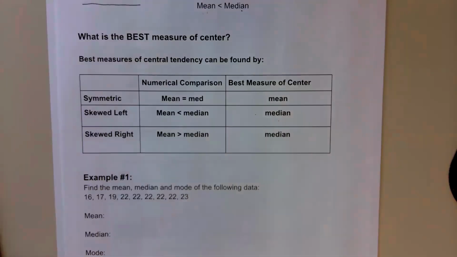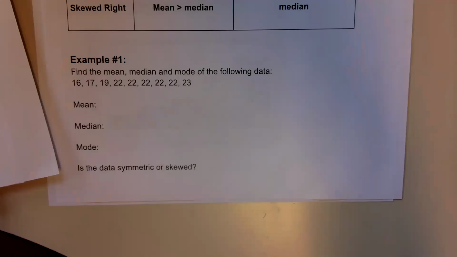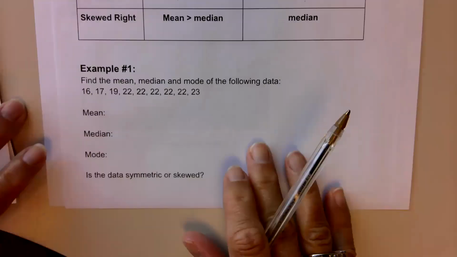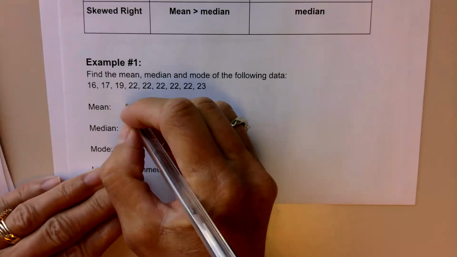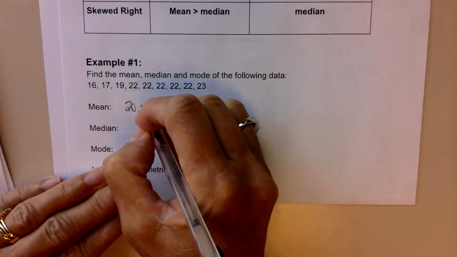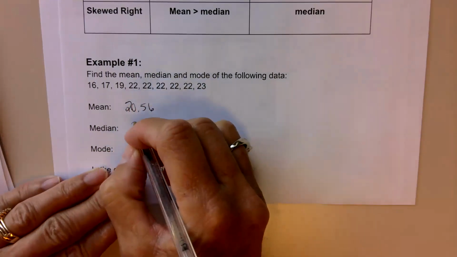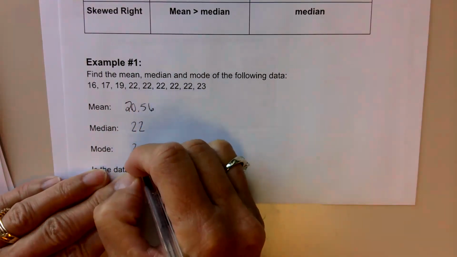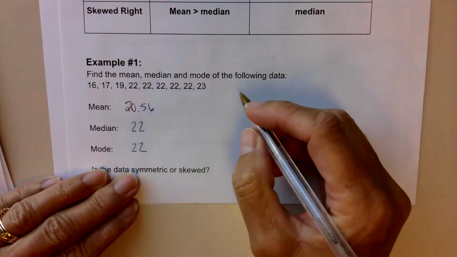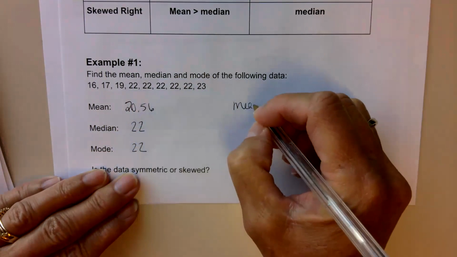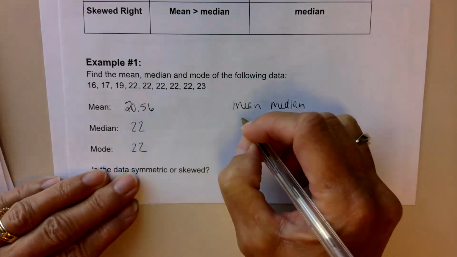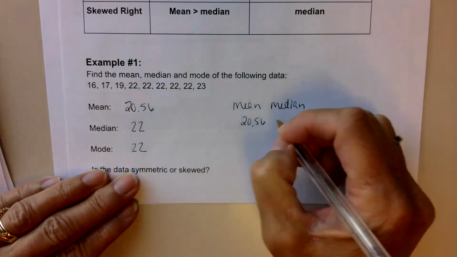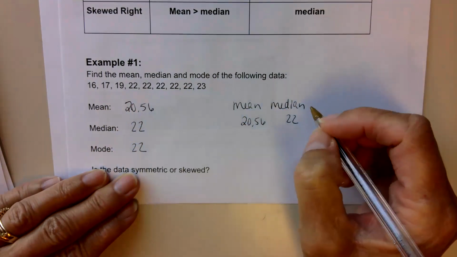Okay. So in the last data set here, it says find the mean, median, and mode of the data set. And using Desmos, we will see that the mean is 20.56, the median is 22, and the mode is 22. And I'm going to compare the mean on the left to the median on the right. The mean is 20.56 and the median is 22.